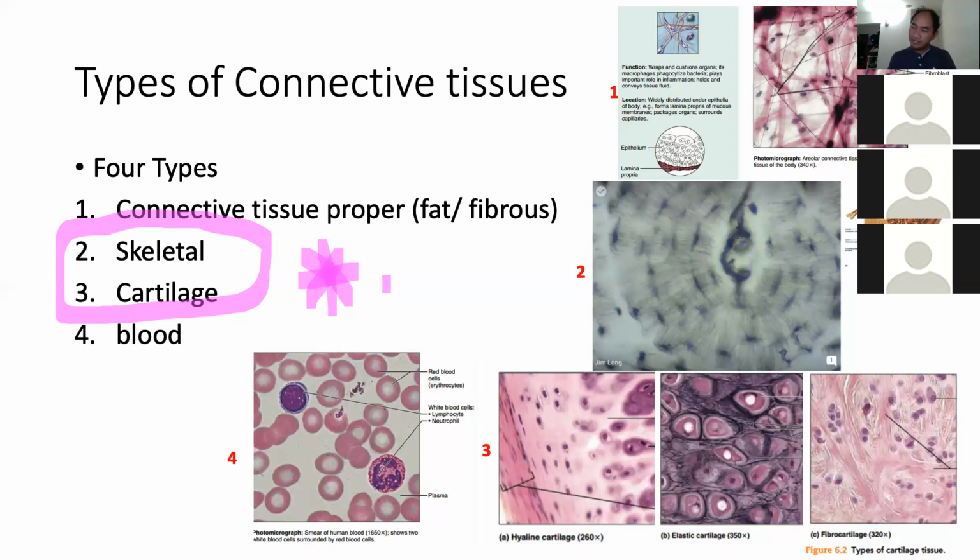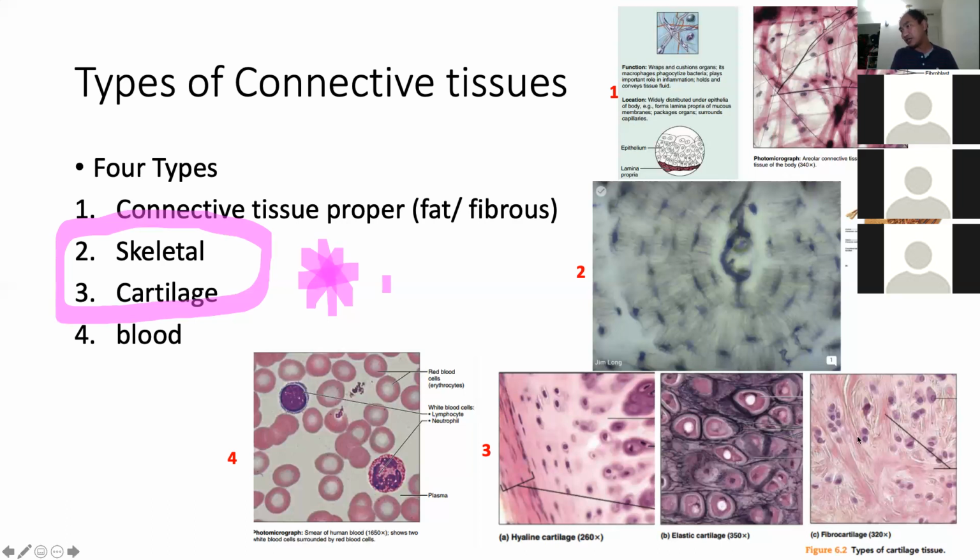If you look at fibrocartilage, you can see the cells here, and you can see the fibrous strands. The collagen strands are really coarse and pretty obvious.